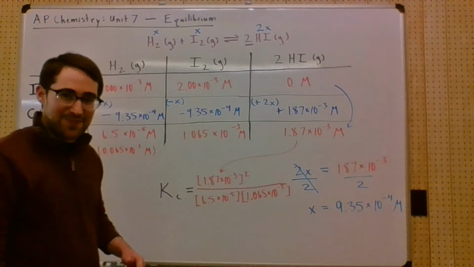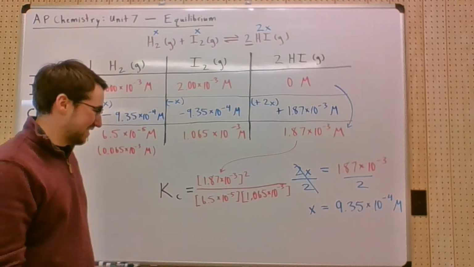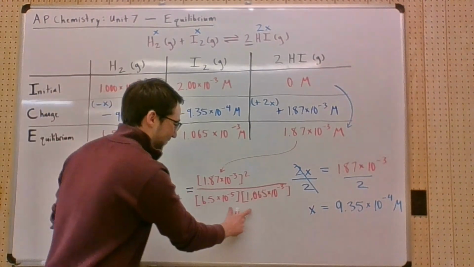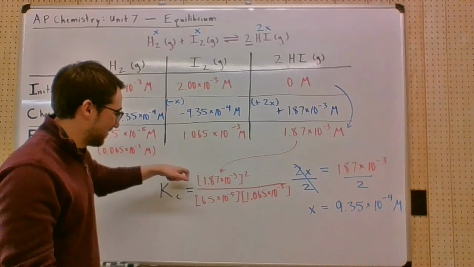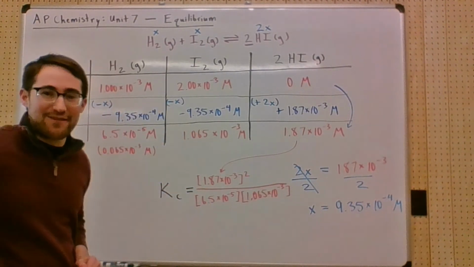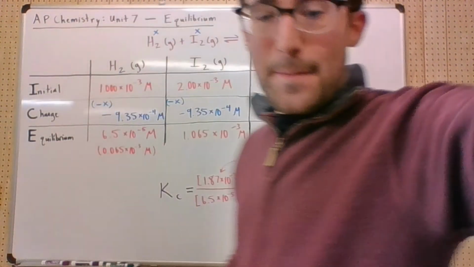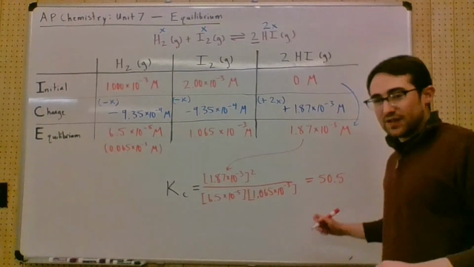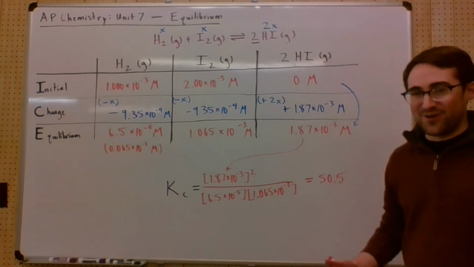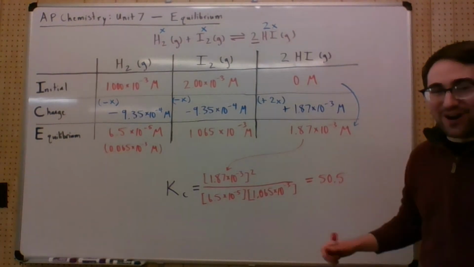Make sure you don't type that in all in one string as this divided by this times this, otherwise it will divide these two and then multiply that. Multiply these first and then divide, or say this divided by parentheses, those two multiplied together. So let me plug this into my calculator and we should wind up with about 50.5. Depending on what answer you look for, significant figures might round this to like 51.